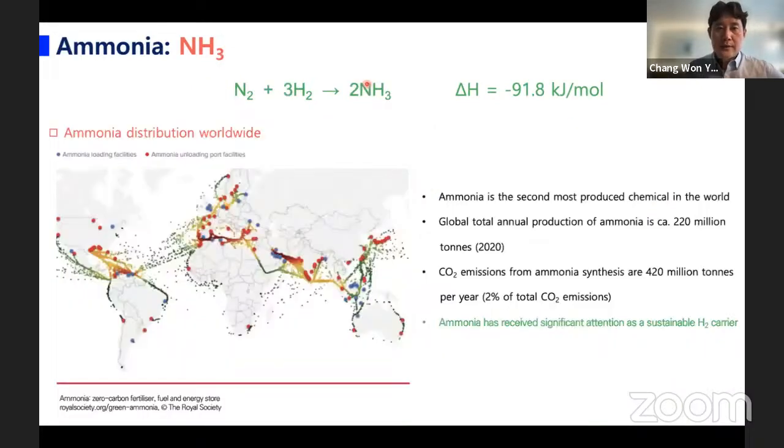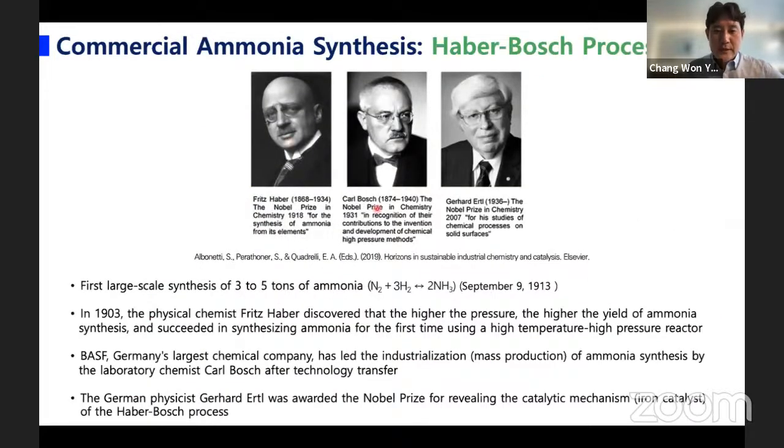Ammonia is, as I said, the most representative inorganic hydrogen carrier. The commercial ammonia synthesis, the Haber-Bosch process, and other achievements actually gave 3 Nobel Prizes. Here, Haber, Nobel Prize in Chemistry 1918; Bosch, Nobel Prize in Chemistry, in recognition of their contribution to the invention and development of chemical high pressure methods.